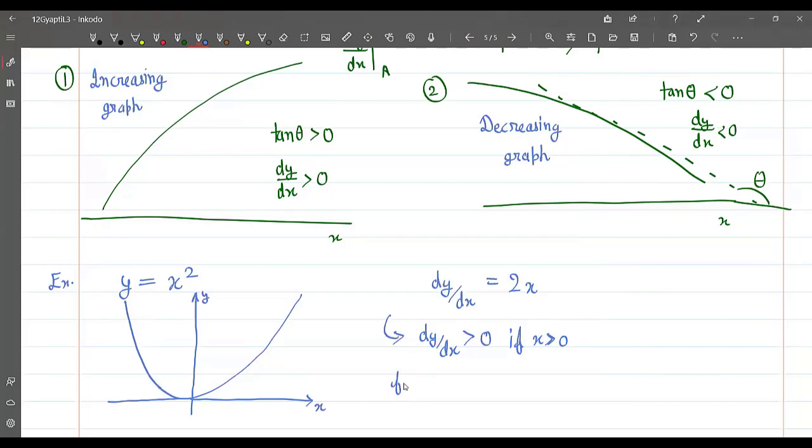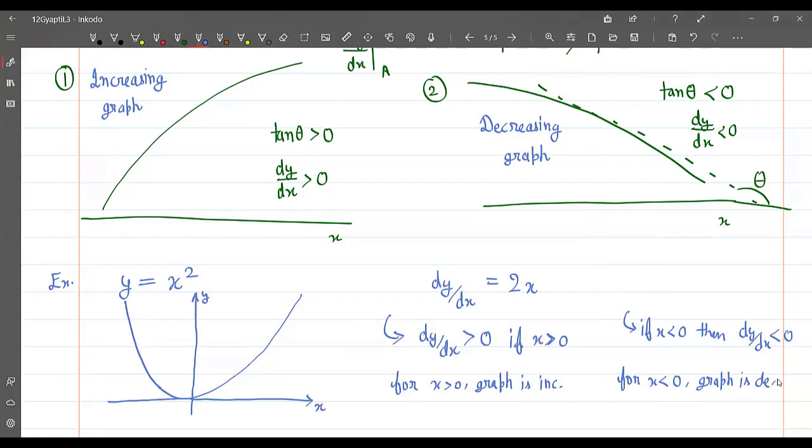So for x greater than 0, the graph is increasing. But if x is less than 0, dy by dx will have a negative value. So for x less than 0, the graph is decreasing.